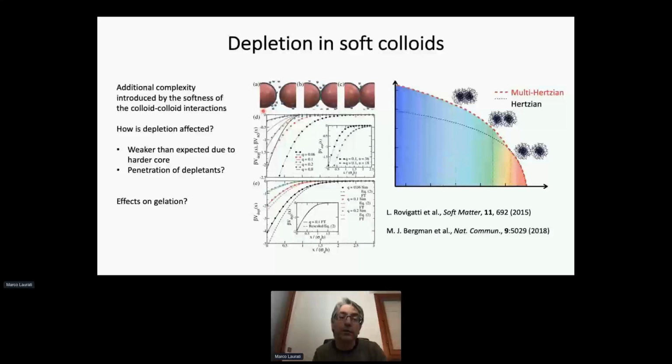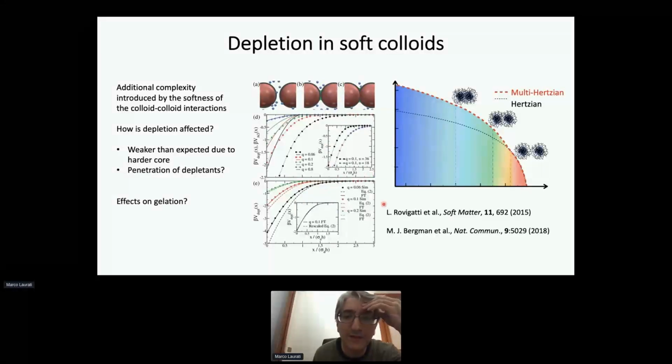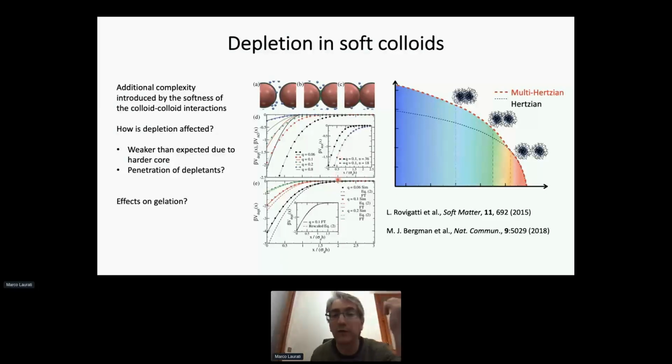And so there are not actually many studies, but there are some recent studies from the group of Lorenzo Rovigatti in collaboration with Peter Schurtenberger, which showed that while the initial expectation was that depletion was actually enhanced by the softness of the colloidal particle as an effect of the possible interpenetration, actually in the real systems, in mixtures of PNIPAM particles, this was not the case.